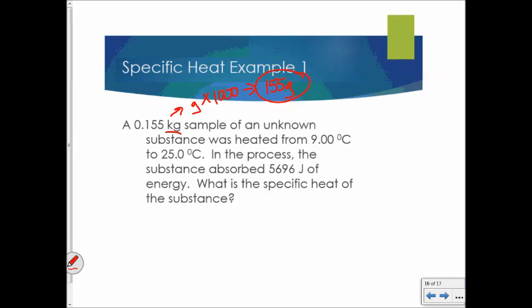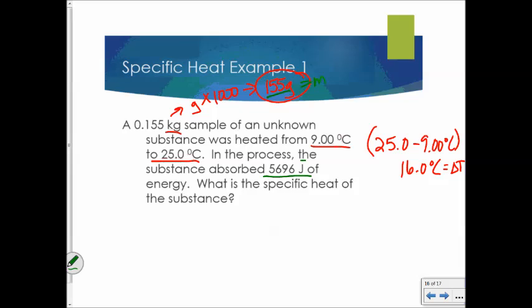Here, it's telling me the temperature change. I can do that real quick: 25 minus the 9. That's easy. That's going to give me 16.0 degrees Celsius as my ΔT. But besides the mass up here, it also gives me 5,696 joules. Which variable does this one go with?